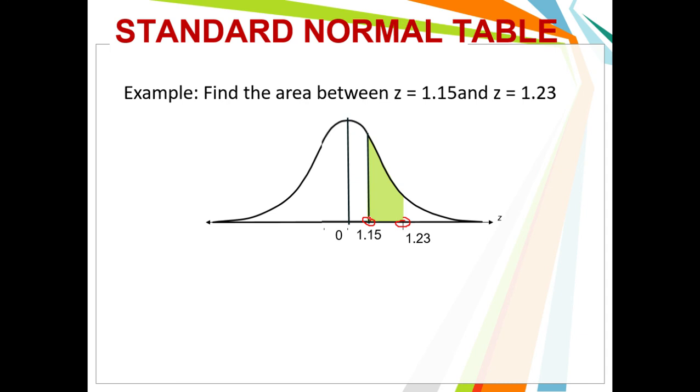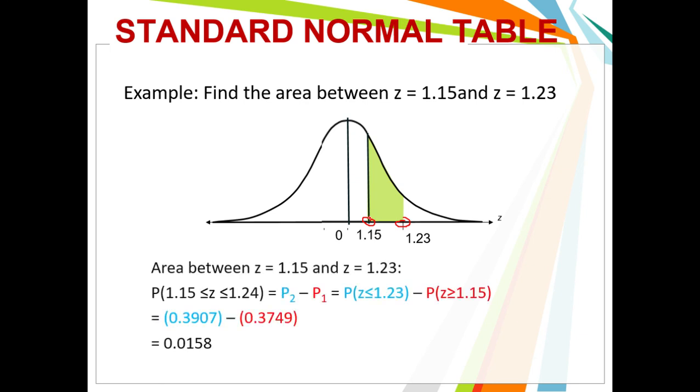So yung difference ng dalawa, that is the actual area between the two z-scores. So that's why we have P2, yung sa 1.23, minus the P1 sa 1.15 na tabular values. Or that is equal to 0.3907 minus 0.3749, which is equal to 0.0158. So yun, those are our discussions sa standard normal distribution and how to find areas under the curve.